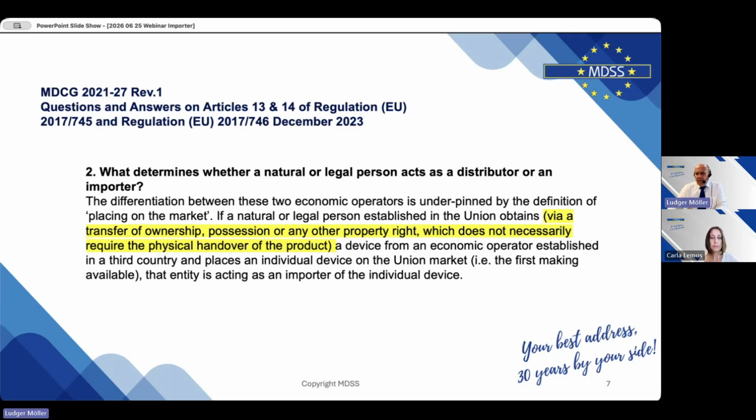Interestingly, all these kinds of things were heavily discussed during Brexit. When Brexit had occurred, how can a product still be placed on the market? When is it considered to be placed on the market to avoid some Brexit situations, because it was coming very, very suddenly and very interesting.